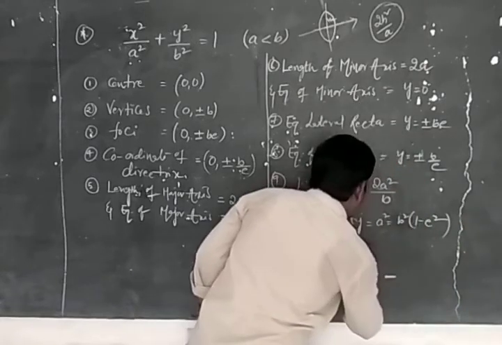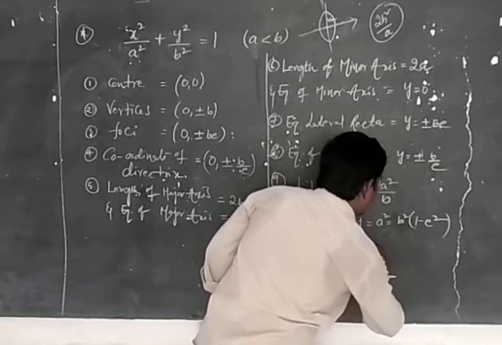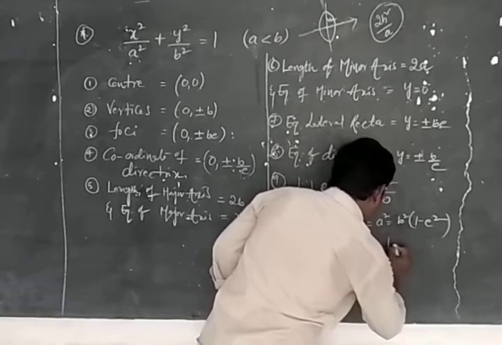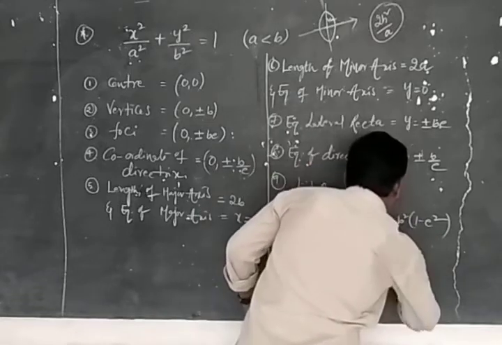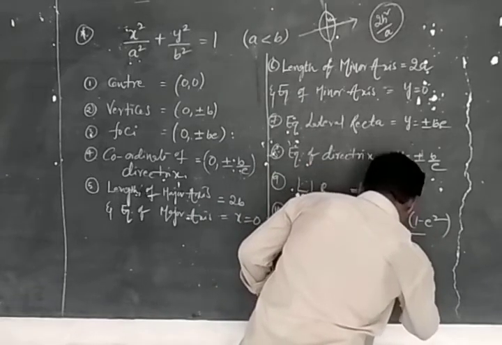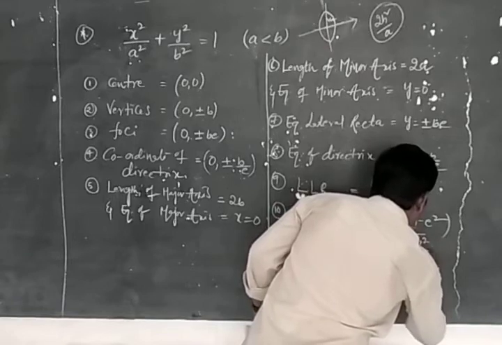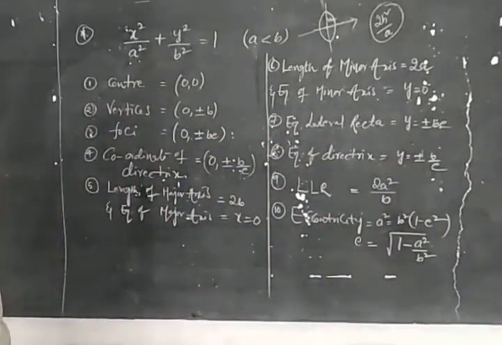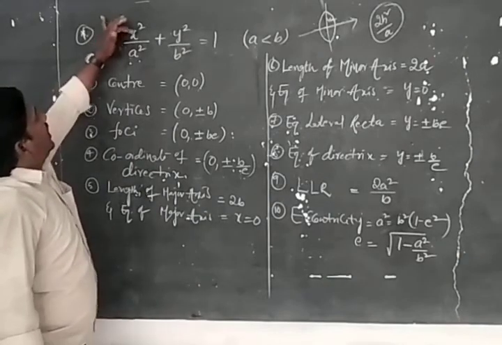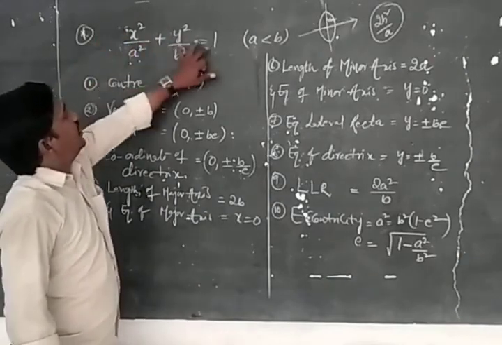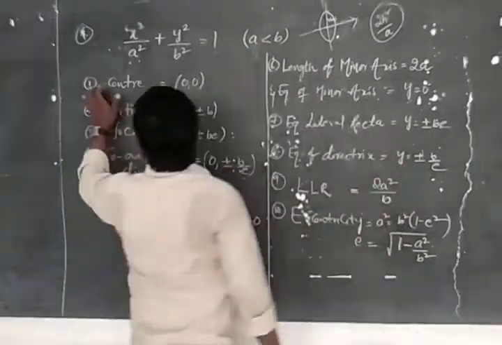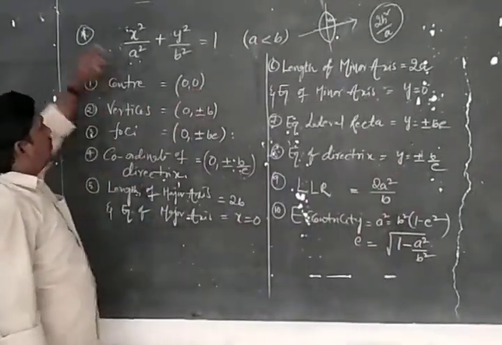Now e equal to root of 1 minus a square by b square. Look at once. For x square by a square plus y square by b square equal to 1, a less than b: center 0, 0.